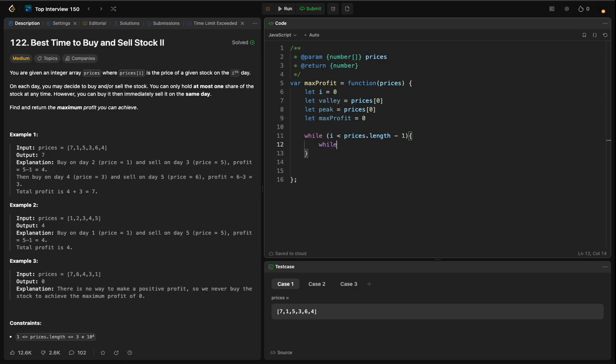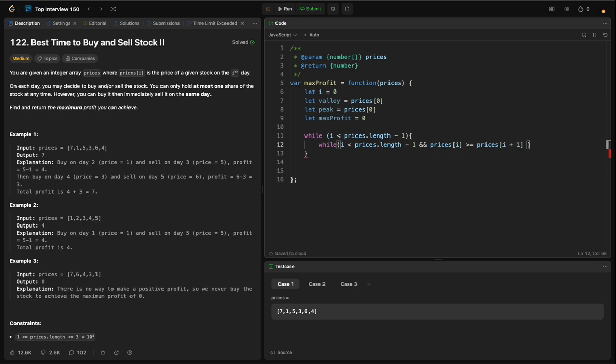We'll create another while loop, and I'll say while i is less than prices.length minus 1 and prices[i] is bigger than or equal to prices[i + 1].